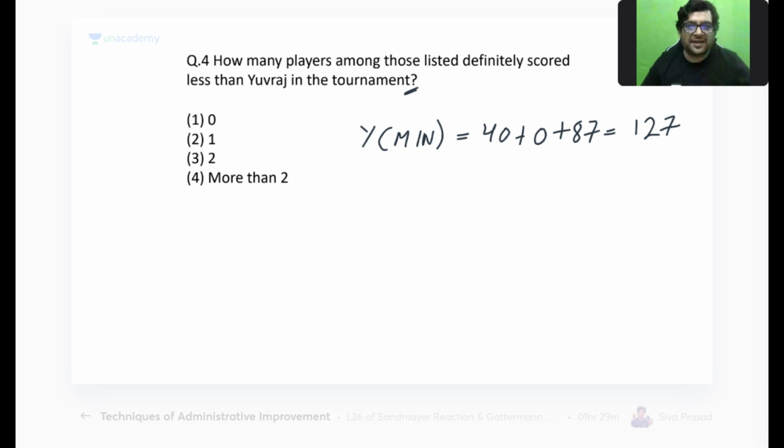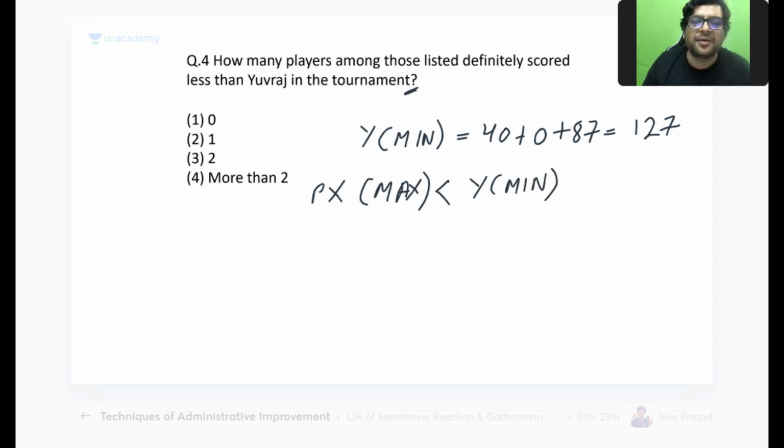Now, for a player to definitely score less than Yuvraj, suppose player X scores less than Yuvraj, how can you guarantee that? That will only happen when the player's maximum is less than Yuvraj's minimum. Only then you can guarantee.